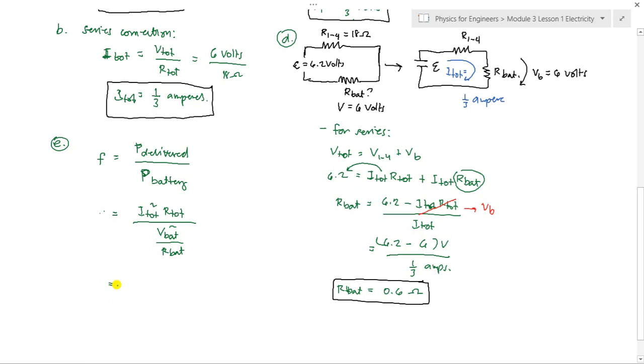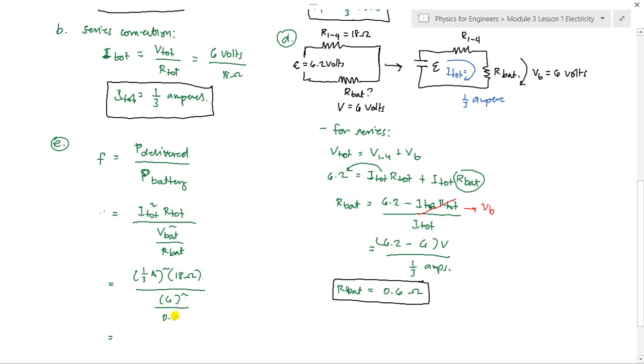So here, the I total is 1/3. Substituting 1/3 ampere squared times the total resistance, 18 ohms, divided by the voltage squared of the battery, 6 volts, 6 squared all over the resistance of the battery, 0.6 ohms.